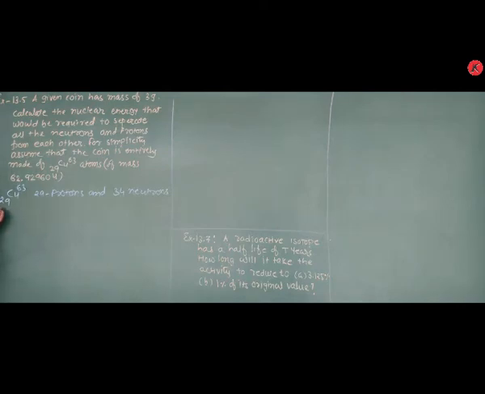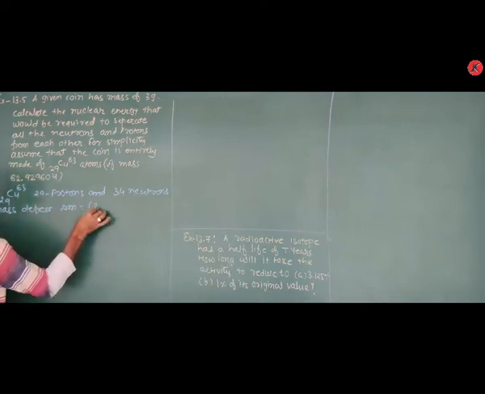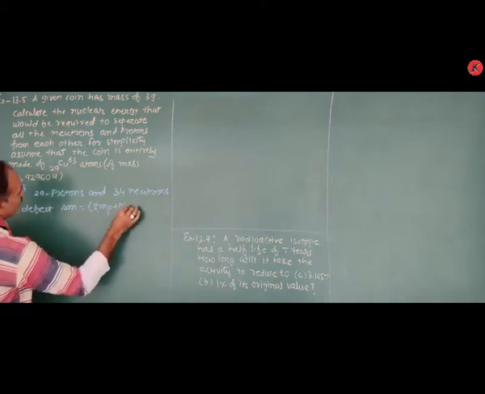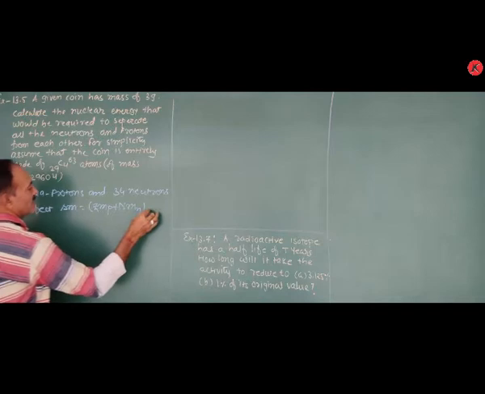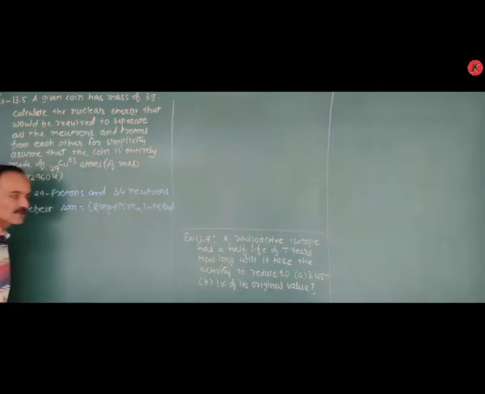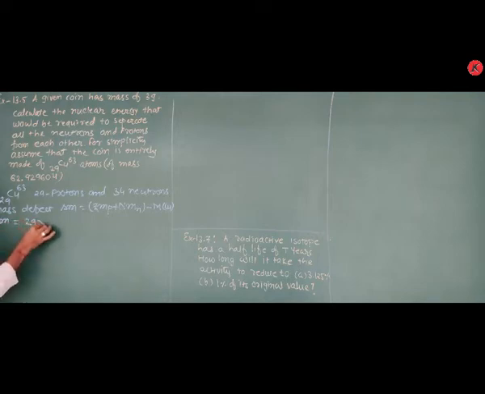Therefore, the mass defect delta M is equal to Z M_P plus N M_N minus the mass of copper nucleus. So, the number of protons is 29.